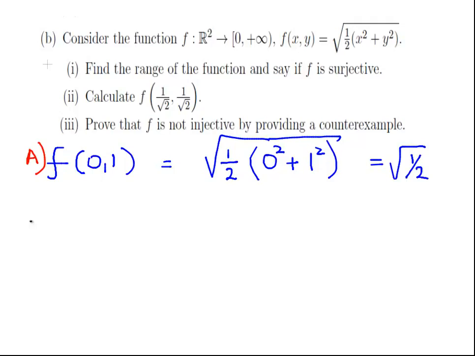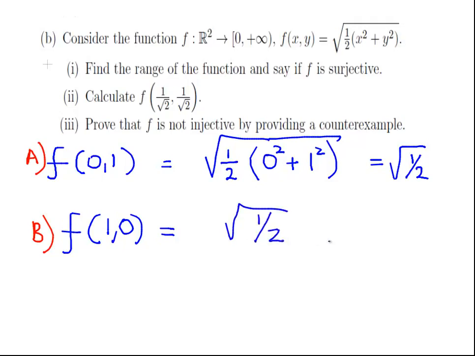A second example: I'm going to use the same numbers in reverse, which still makes it an entirely different input. It's a different part of the domain from example A. 1, 0, f of 1, 0 and f of 0, 1 are not the same input, but we actually get the same number there: 1 over the square root of 2.